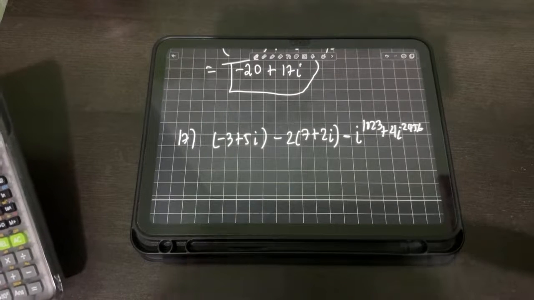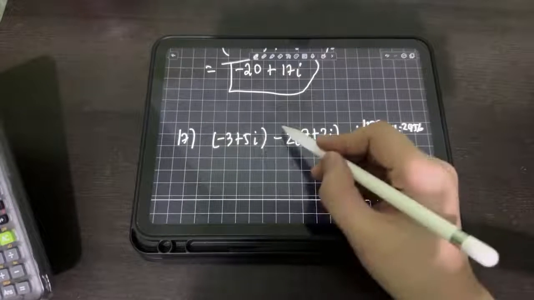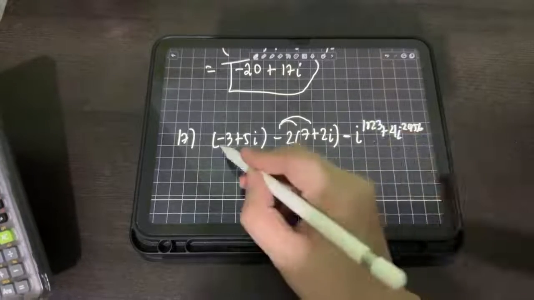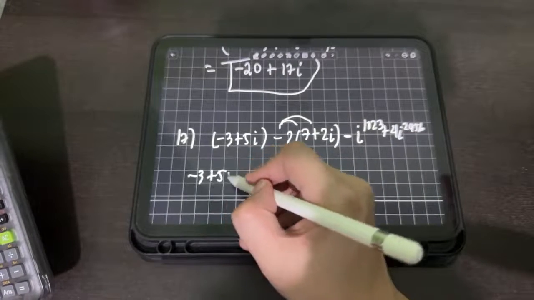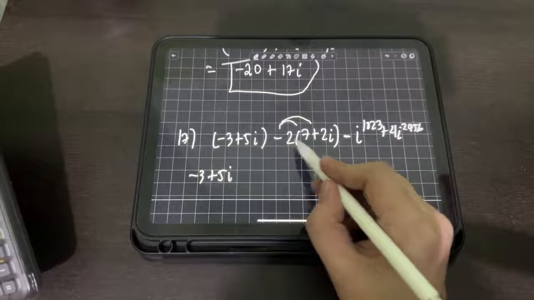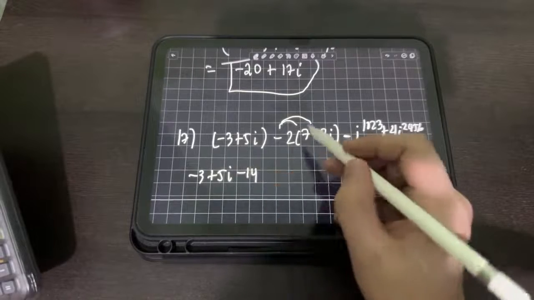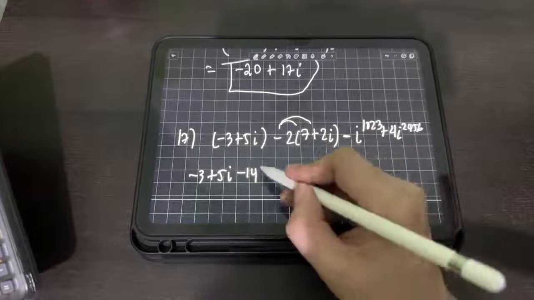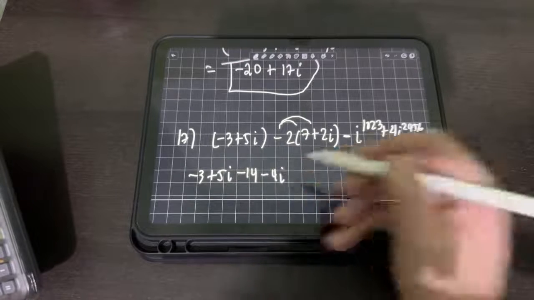Okay. So, we can distribute first the negative 2. So, copy negative 3 plus 5i. Then, multiply negative 2 times 7, negative 14. Negative 2 times 2i, negative 4i.